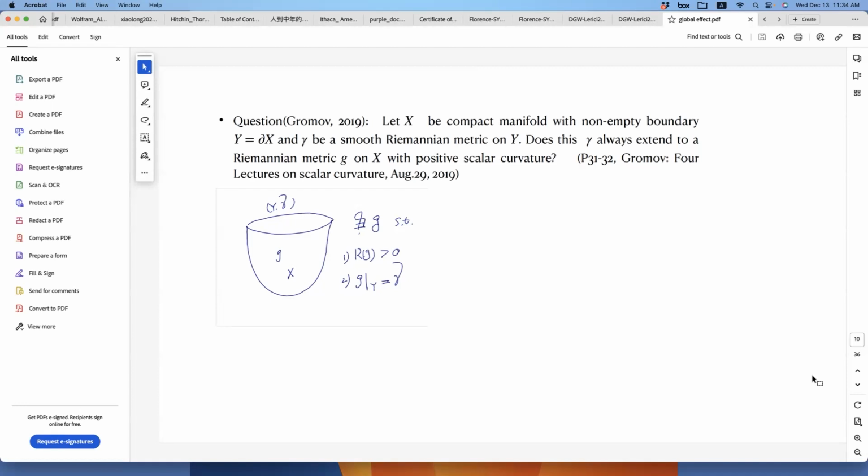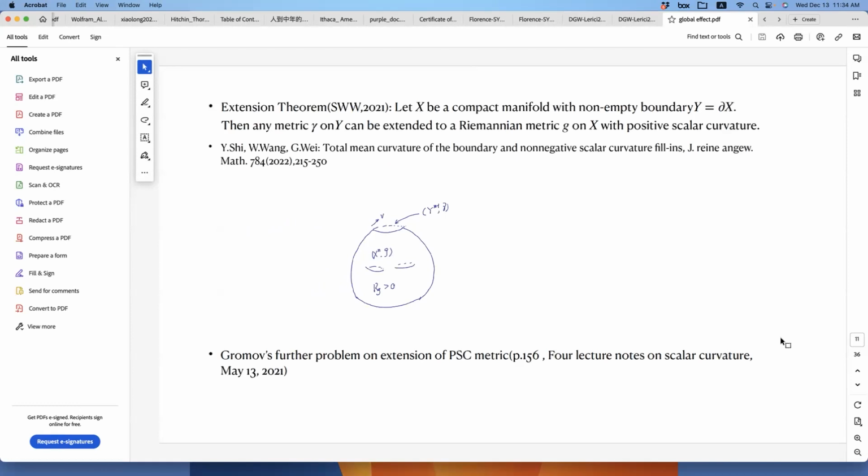This is a basic question raised by Gromov. About 2 years ago, my former student Wang, postdoc Gordon Wei, and I gave an affirmative answer to this question. That is, for any compact manifold with non-empty boundary X, Y, and any Riemannian metric gamma on Y, we can always extend gamma to a Riemannian metric G on the interior with positive scalar curvature.